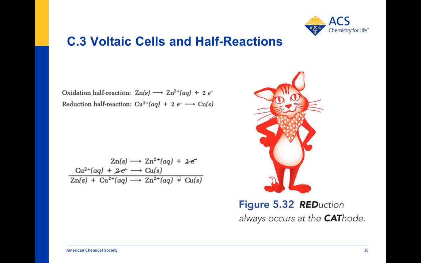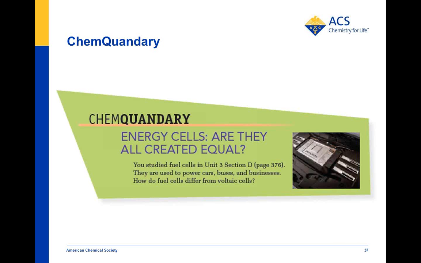And then there are a couple of mnemonics. The OIL RIG at the very beginning: oxidation is losing electrons, reduction is gaining. And then the RED CAT: reduction always occurs at the cathode. And this is a half reaction that they initially started in a modeling matter in Unit 1.